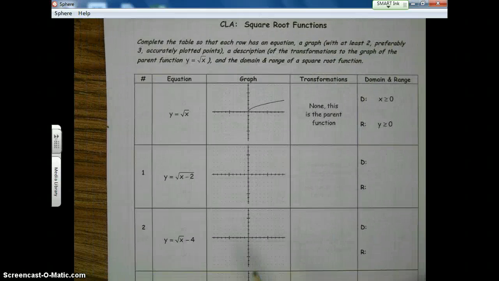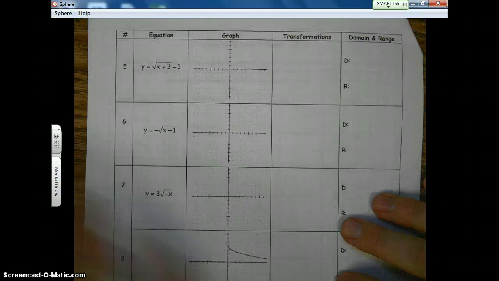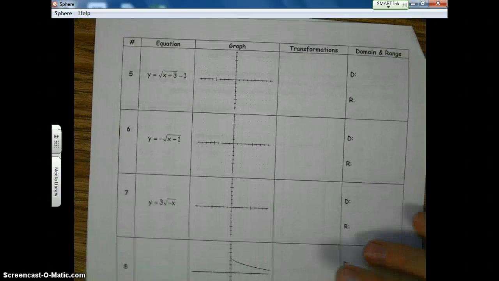So I'm going to go ahead and turn the page over to the back, and I'm going to go ahead and do number 5.